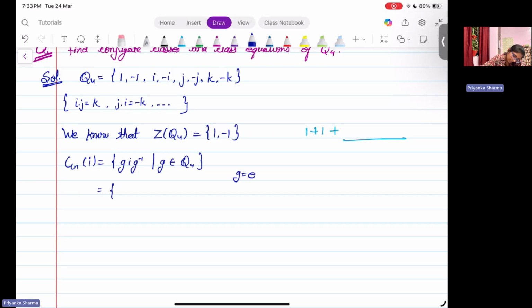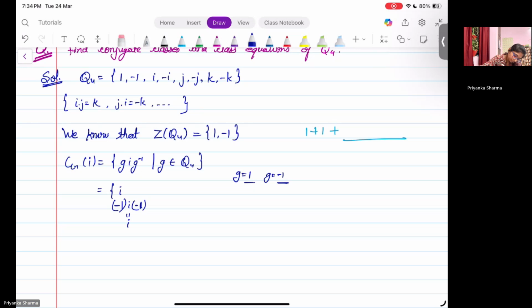Suppose we take G as identity, that is G as 1, then we get I. If we take G as minus 1, what do we get? Minus 1, I, minus 1. Minus 1 is in the center and has order 2, so this will again give us I. So for these two group elements, 1 and minus 1, we will get I itself.